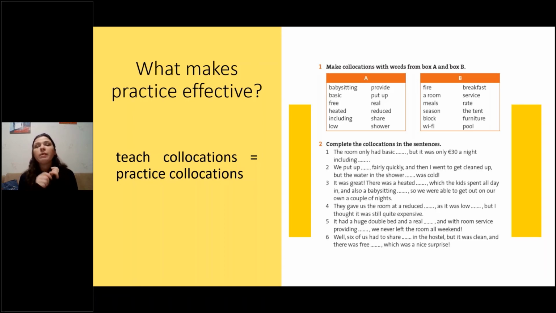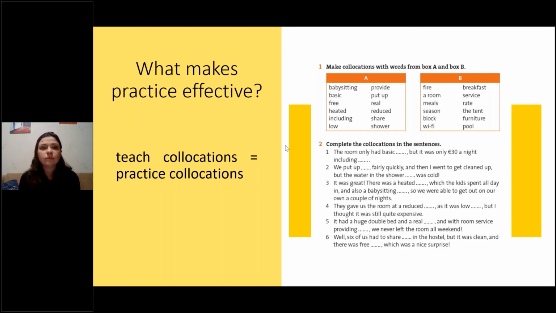So help them memorize or match different words to create a collocation and then to use it in the sentence, right? That is one of the examples. And again, you help your students use it in the context and together with other words.